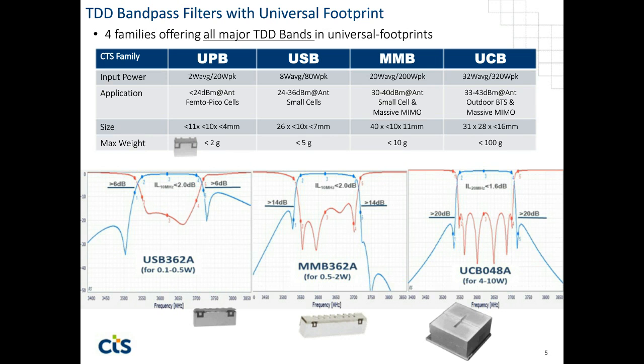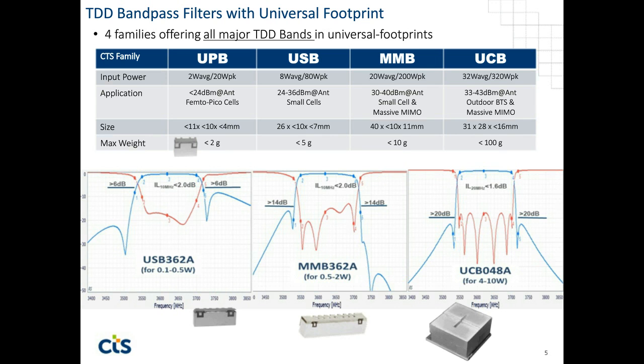So in many instances, a customer may think, if their first band that they're working on for a platform happens to be easy, oh, I might be able to get away with the UPB family. But you really need to look at all the bands you are considering utilizing on a given platform and decide based on the more demanding bands.